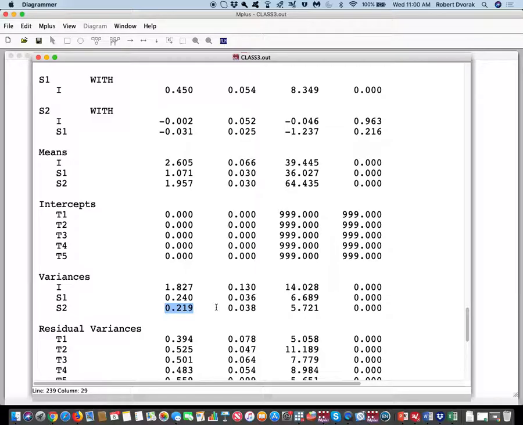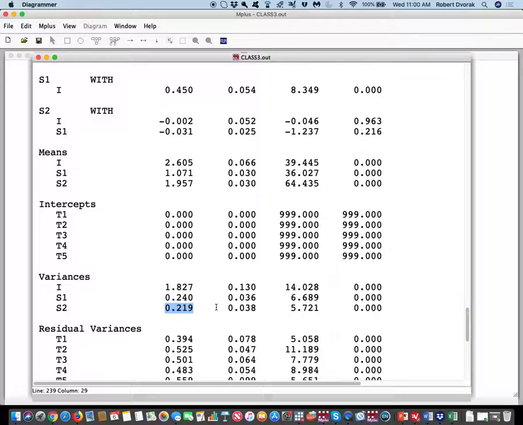Maybe I1, I2, S1, S2. These are already going to be correlated. And for your homework, what you want to know is, as this slope changes, does this slope also change? How do we do that?